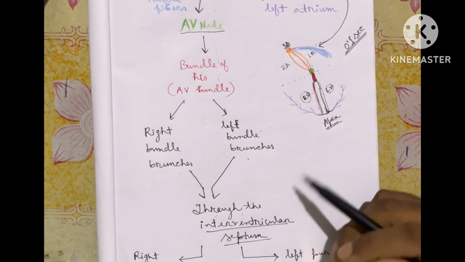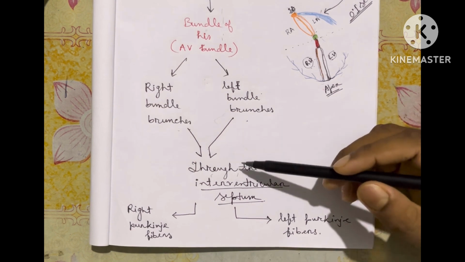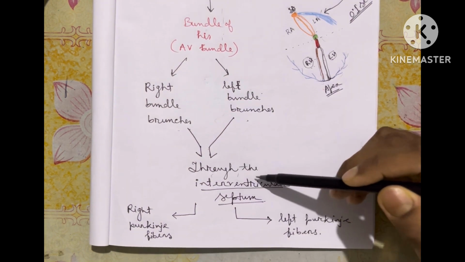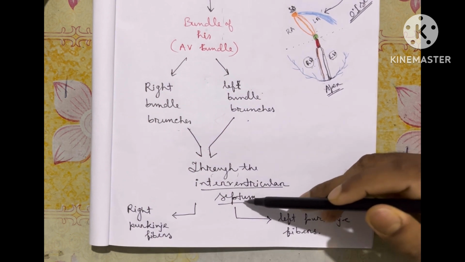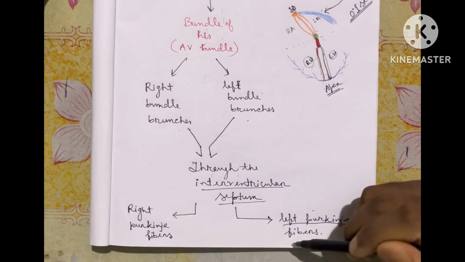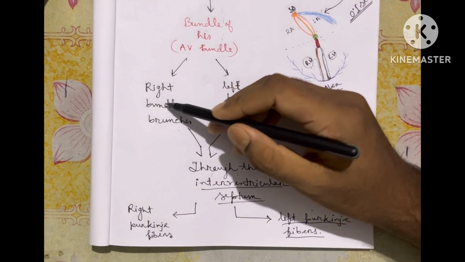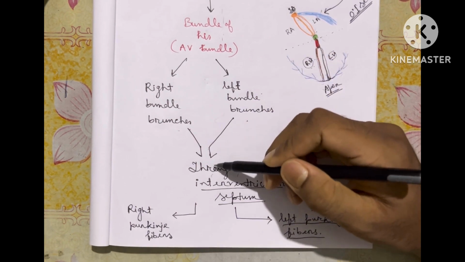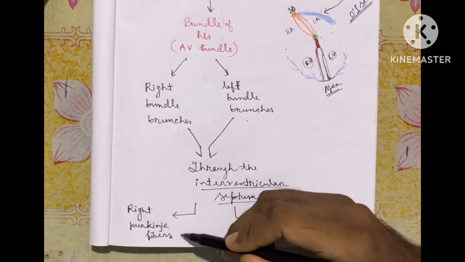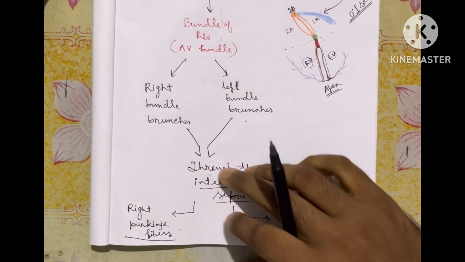So this is our left Purkinje fibers. And this is the right bundle branch, which also runs across the interventricular septum, and finally delivers those signals towards the right Purkinje fibers.